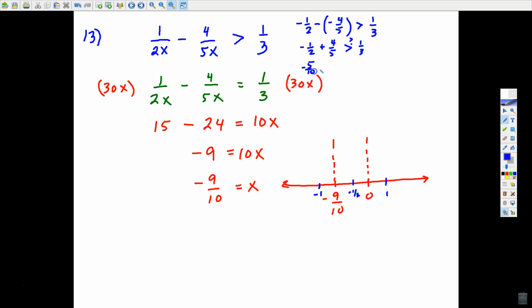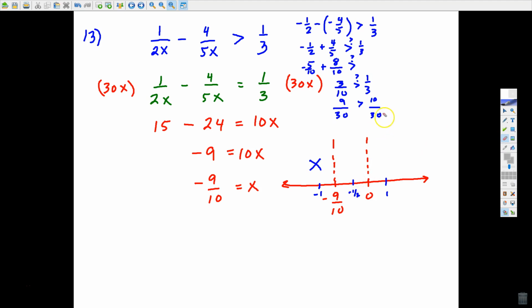Negative 5/10, and this in tenths would be 8/10. So we got 3/10. Is that greater than 1/3? And if you want to do this in 30ths, 9/30ths, 10/30ths, no. 9 is not greater than 10, so these do not work.